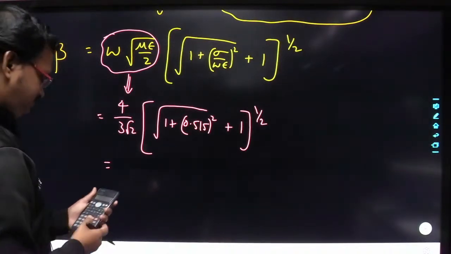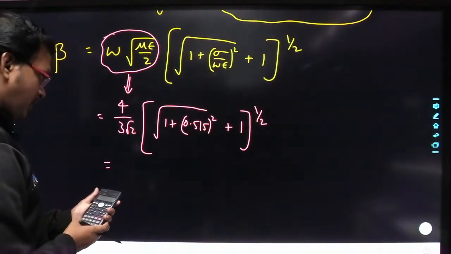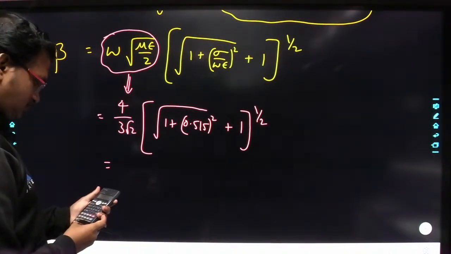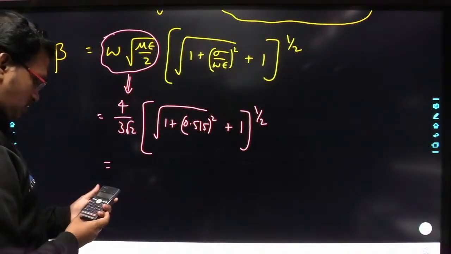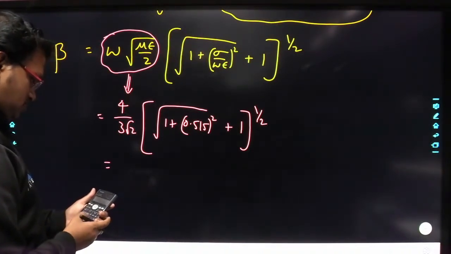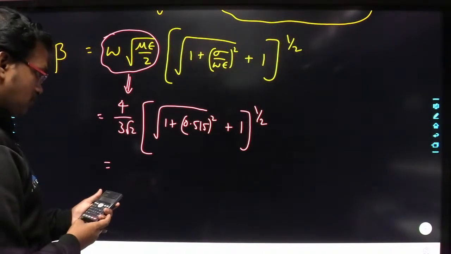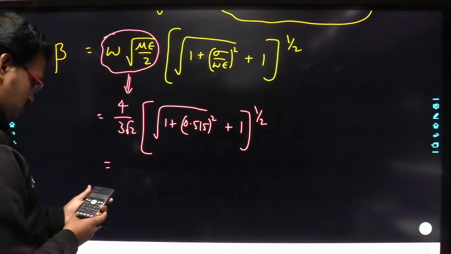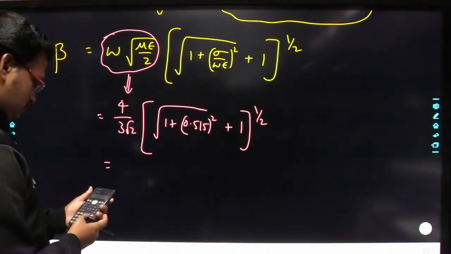Okay. So 1 plus 0.515 square under root, okay, plus 1 again under root, okay, into 4 divided by 3 root 2.